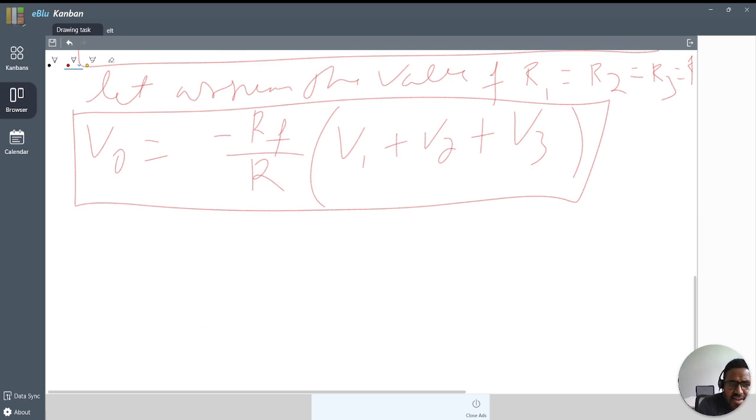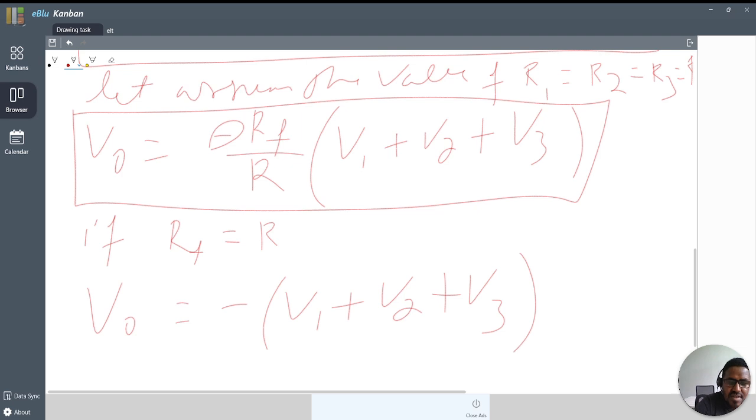So let's say again, if RF equals R, our result becomes V out equals minus, a negative sign because it is an inverting type of summing amplifier, V1 plus V2 plus V3.